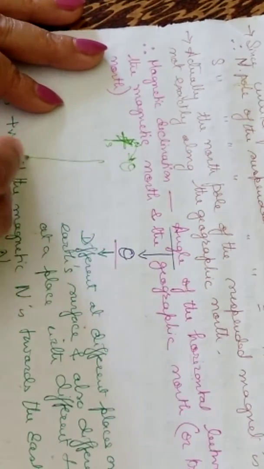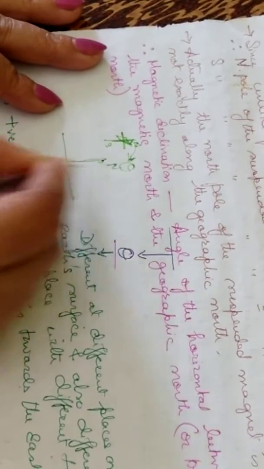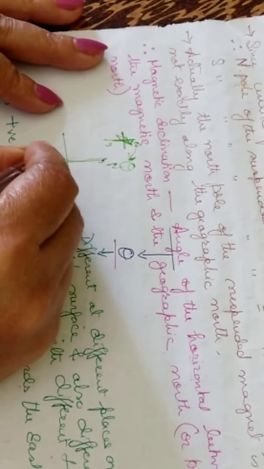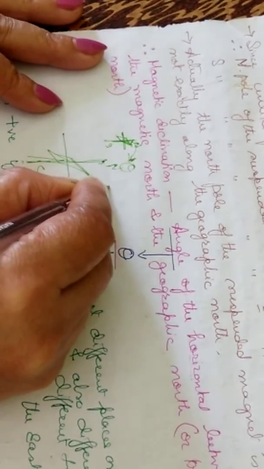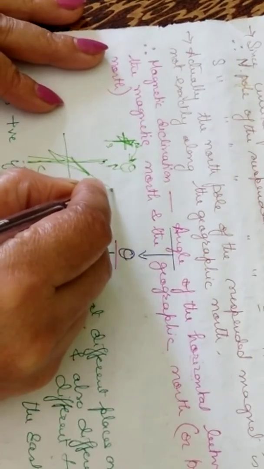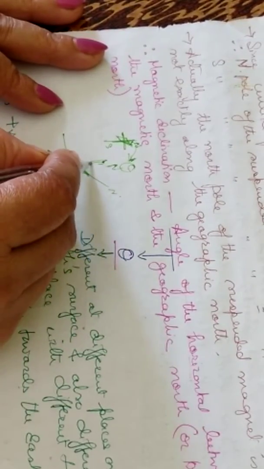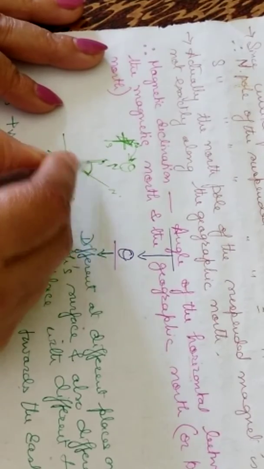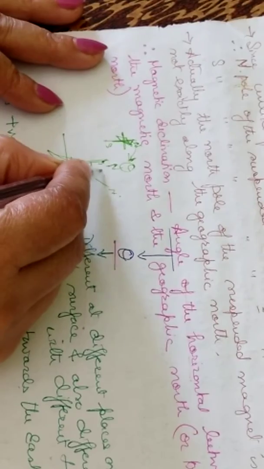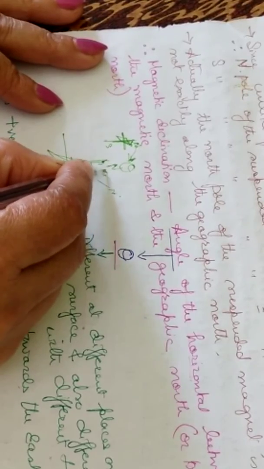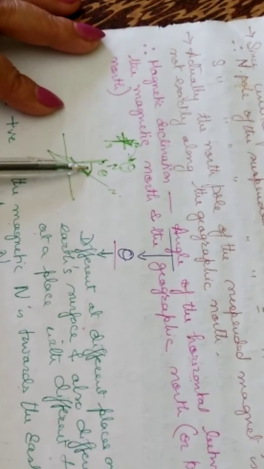Let me draw it bigger. This is north, this is south, and this is the magnetic needle showing its north. The angle from the true north is theta, the magnetic declination.